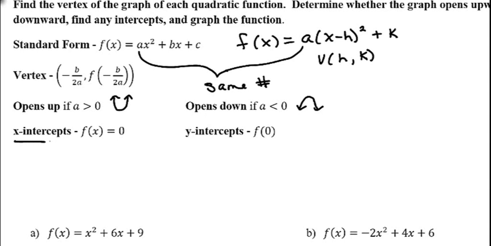The other thing that we're going to look at this time are x-intercepts. To find x-intercepts, you set the function equal to 0, and then you solve for x. And that will find your x-intercepts, or the places where this graph will cross the x-axis.